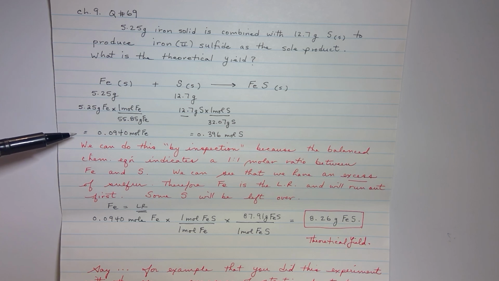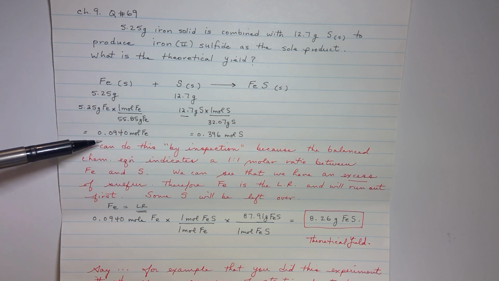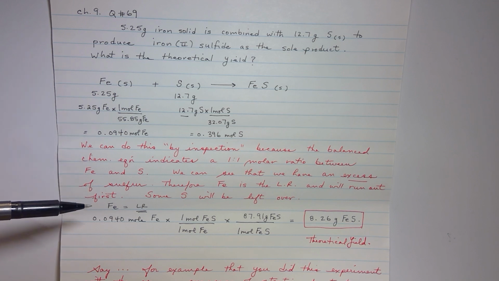Clearly, for one, I don't have equal numbers of moles, but moreover, I have much less iron than I do sulfur. Sulfur is therefore the limiting, no, that is not true. Iron is therefore the limiting reactant because it's the smaller number and therefore it's going to run out first.